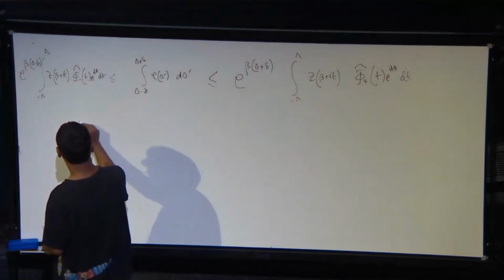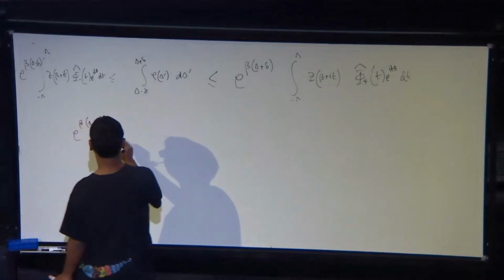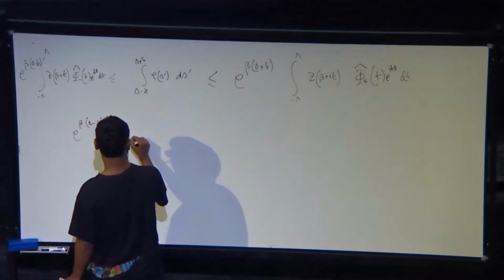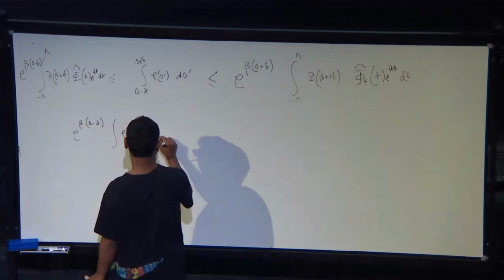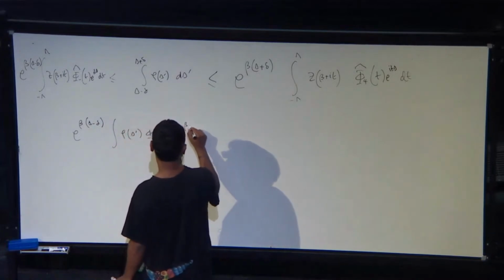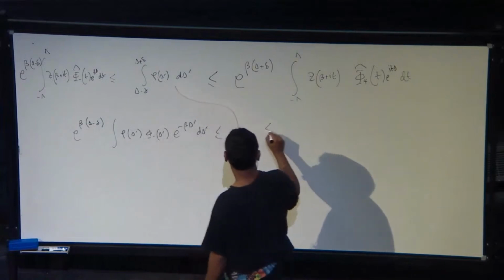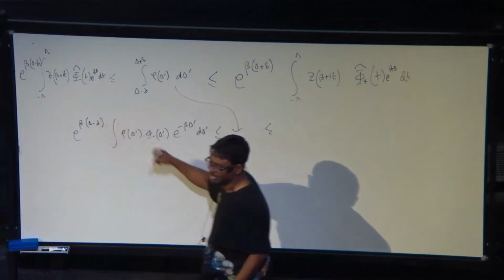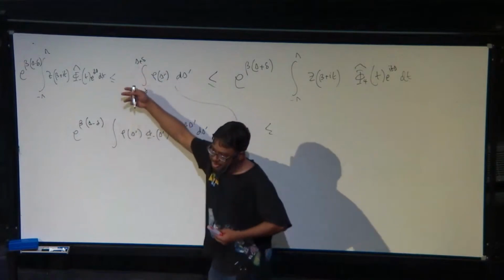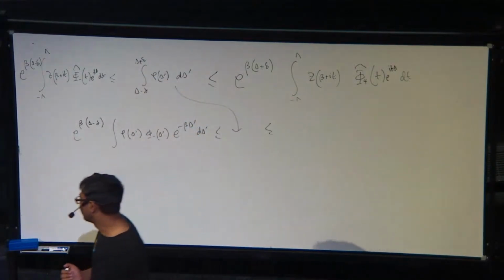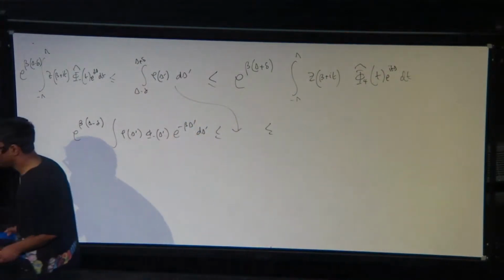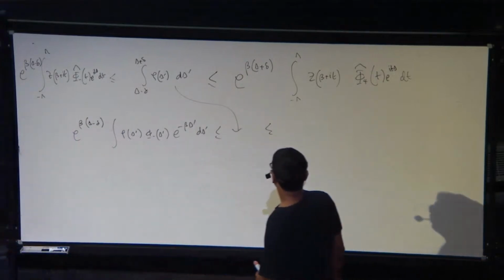From this thing, you can write this inequality: rho of delta prime, phi minus delta prime, e to the power minus beta delta prime, and the same stuff with delta plus delta. And then you go to the t variable. That gives you the inequality here. Okay, good.